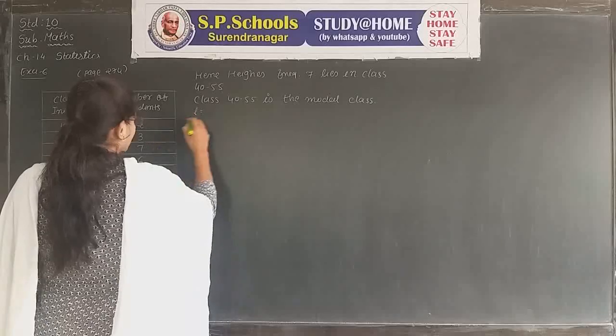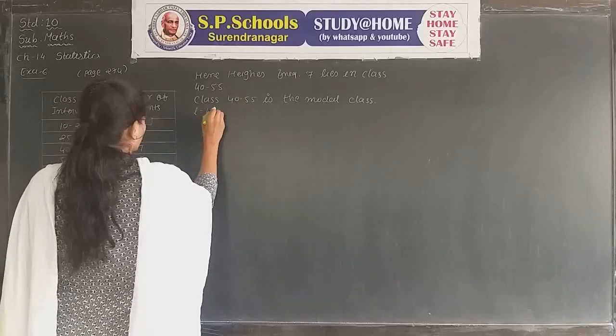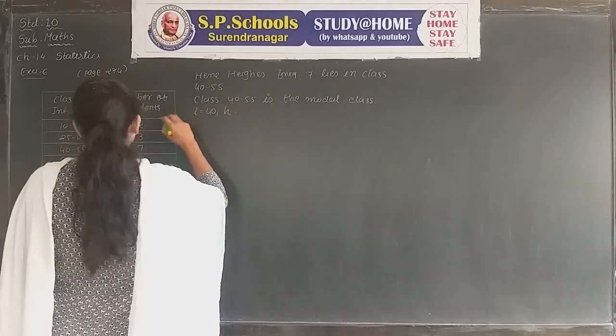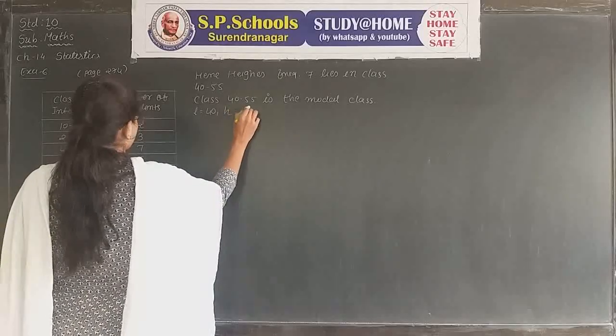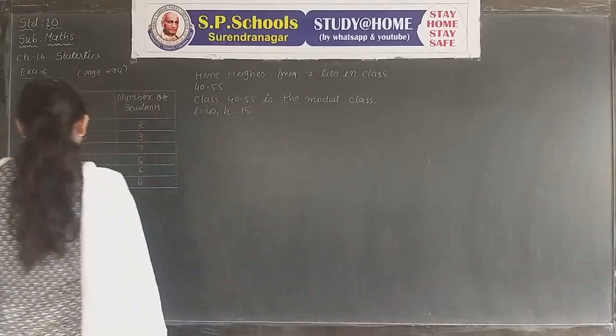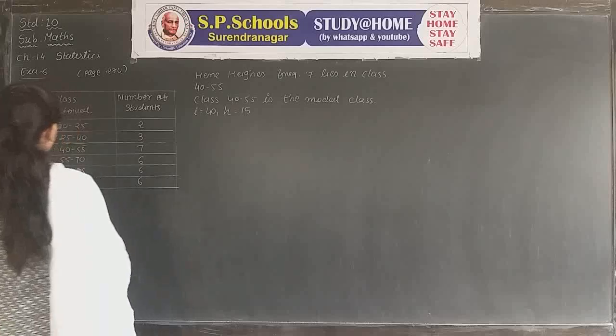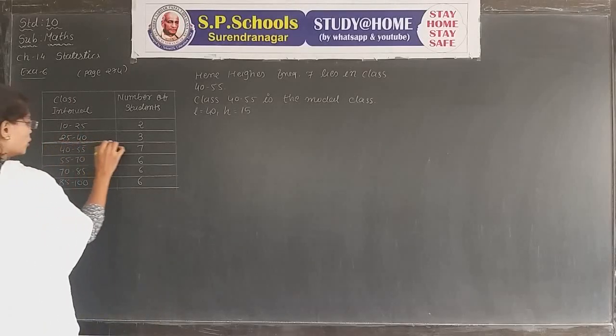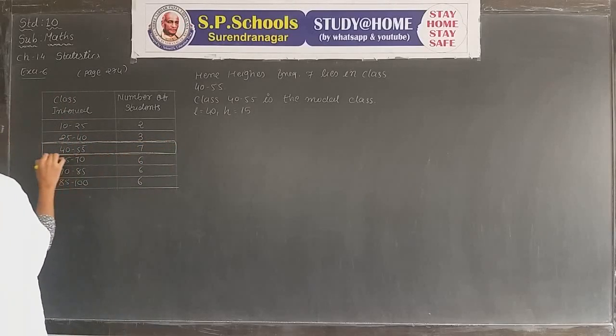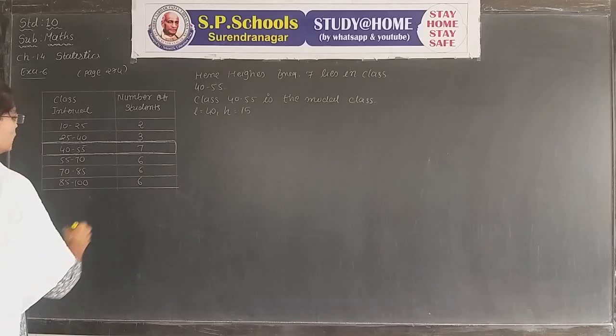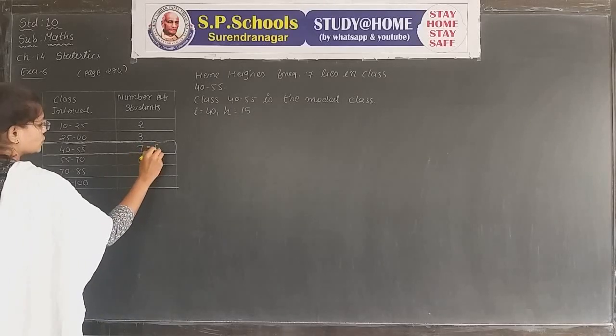Now L is equal to the lower limit of the modal class, 40. The class size h is equal to 15 here. Then highlight our modal class 40 to 55.